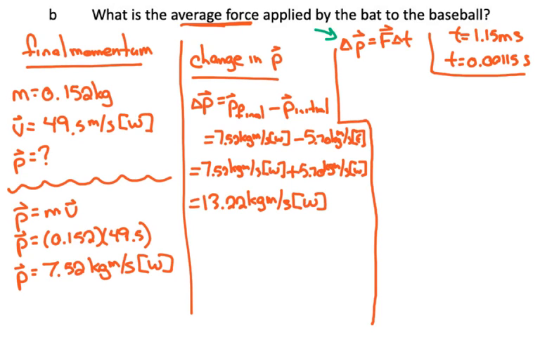And now we can go and use the impulse equation. So delta P, 13.22 kilogram meters per second west. F, we don't know. Time, 0.00115 seconds. Divide both sides by 0.00115.